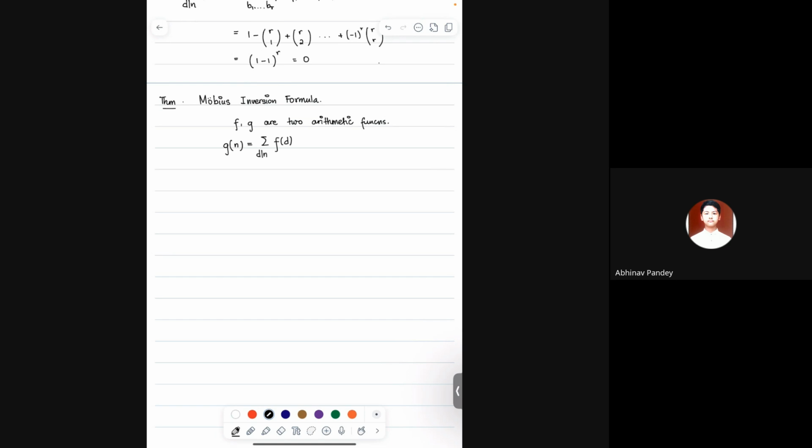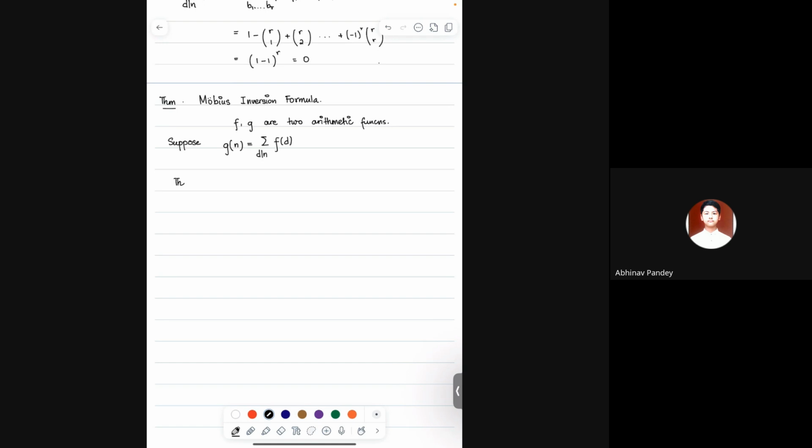Suppose this is the shape of g. This is how I define g. Then what the Mobius inversion formula says is that you can write f in terms of g, but now you will have this Mobius function coming in.